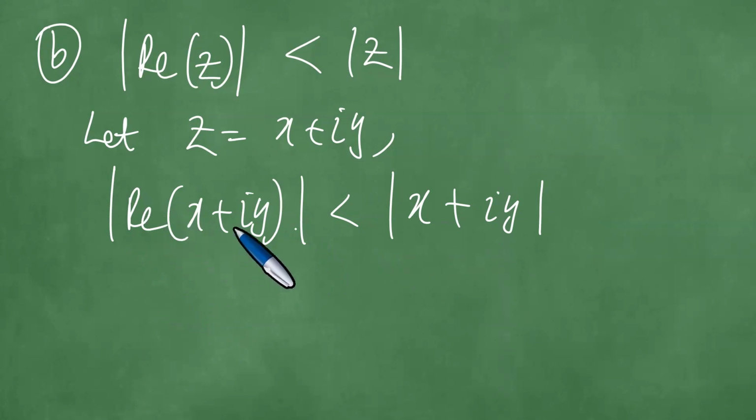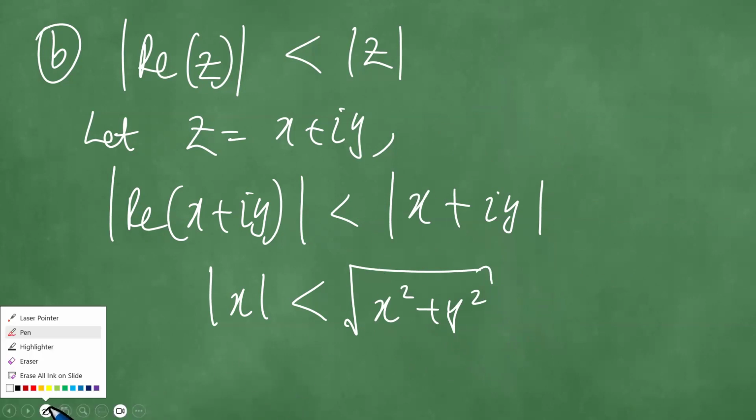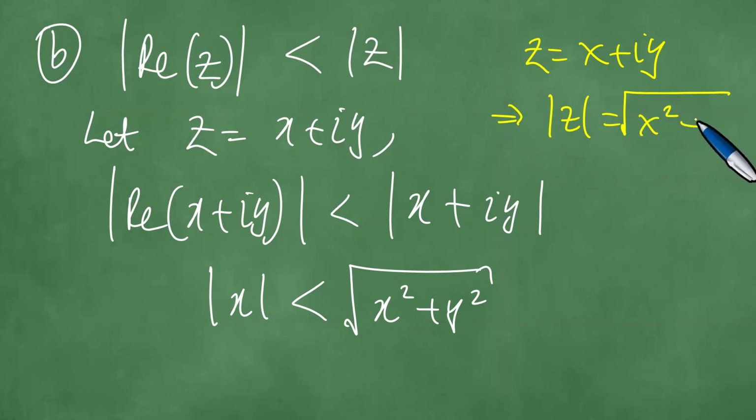The real part of this number is x, but now it is within the modulus symbol. And the modulus of x plus iy is the square root of x squared plus y squared, since z equals x plus iy means the modulus is the square root of x squared plus y squared.